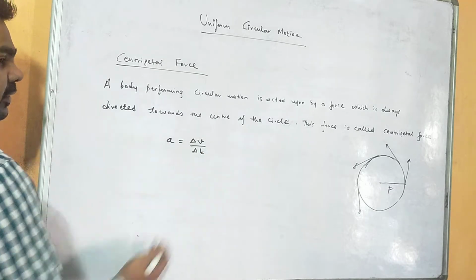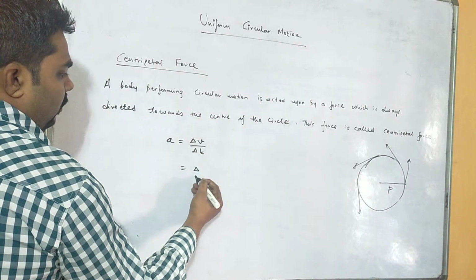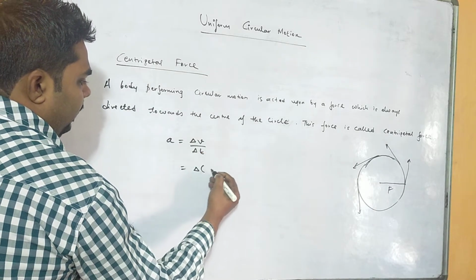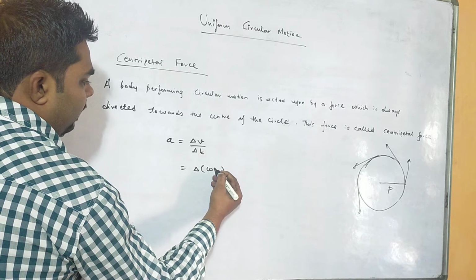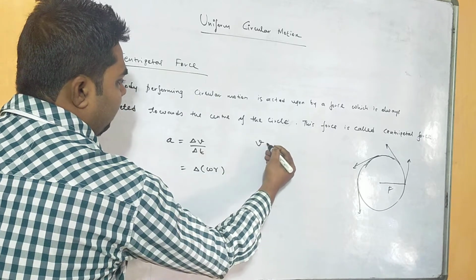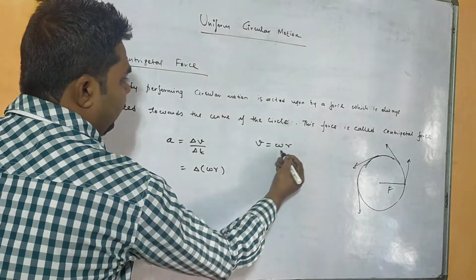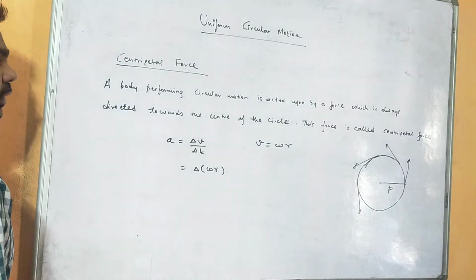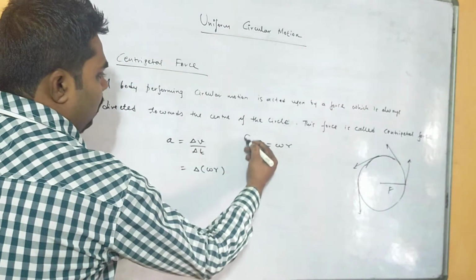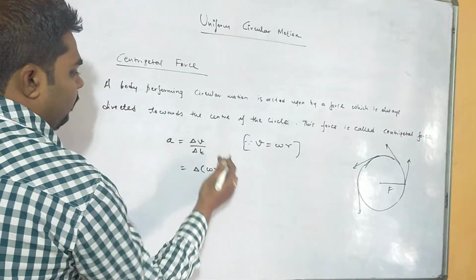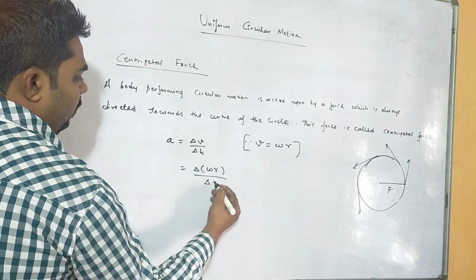Change in velocity by change in time. So del v, in place of v, what can we write here? Omega r, because just now we have seen the relation between velocity and angular velocity. So v equals omega r. So in place of v I have substituted omega r.